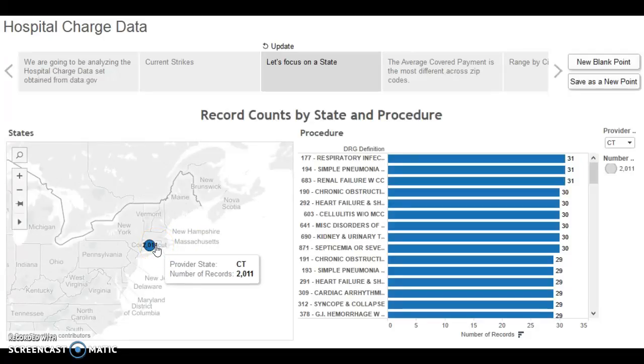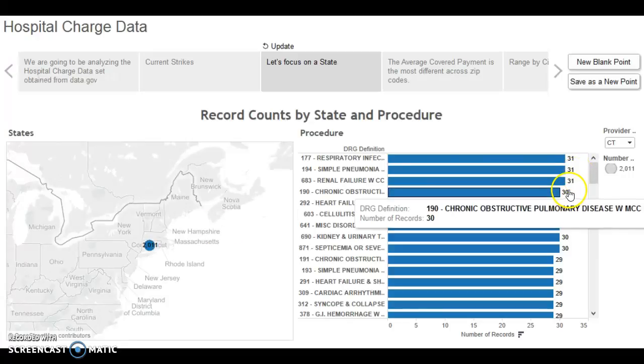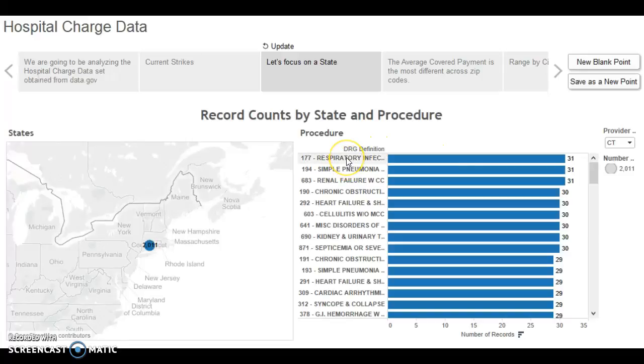So it's a pretty decent sized data set that we can work with and compare it to the whole United States. So Connecticut's top 3 procedures with 31 records each are respiratory infections, simple pneumonia, and renal failure. So we might want to concentrate on these top 3 and compare it to the rest of the country. So that's what we're going to do.